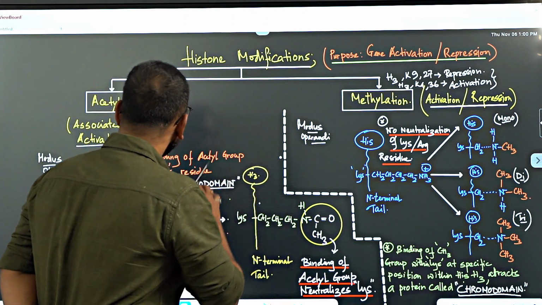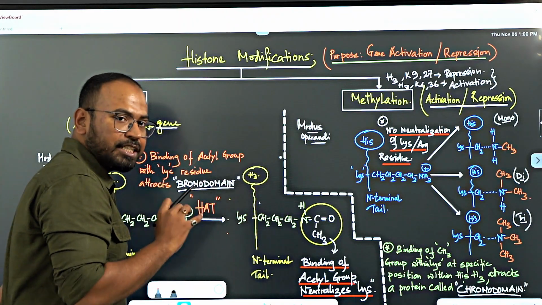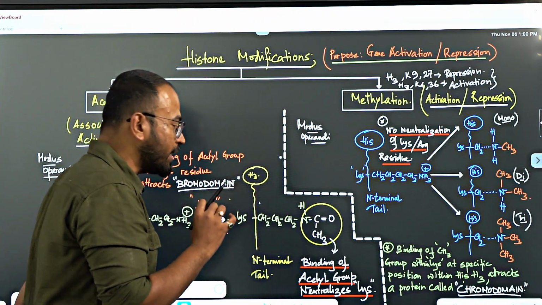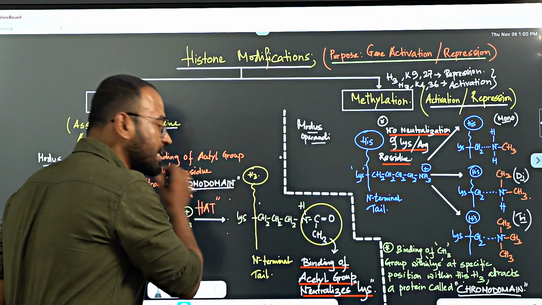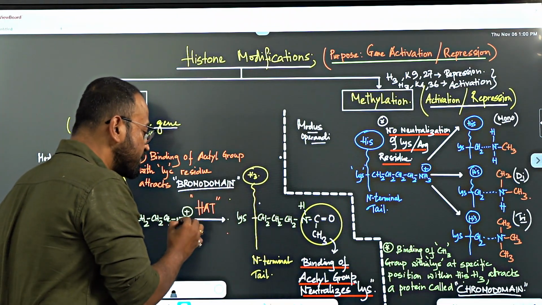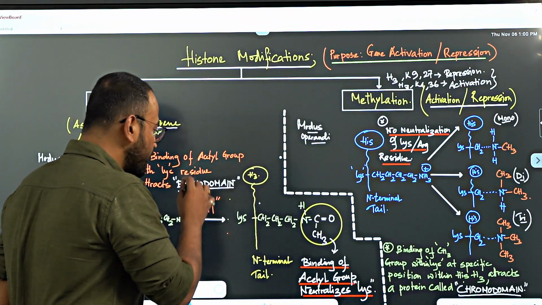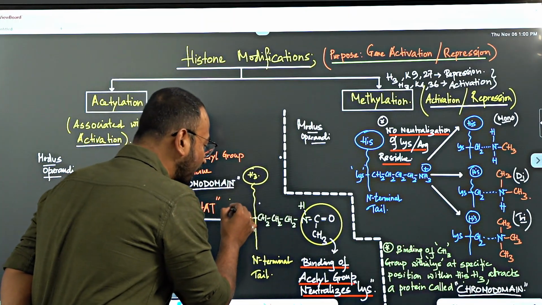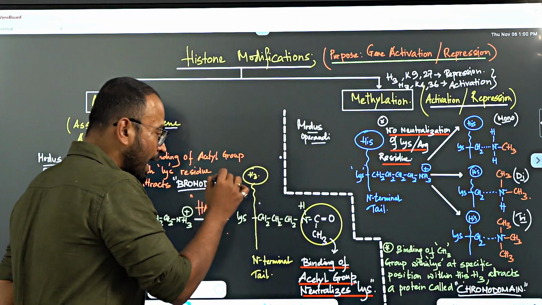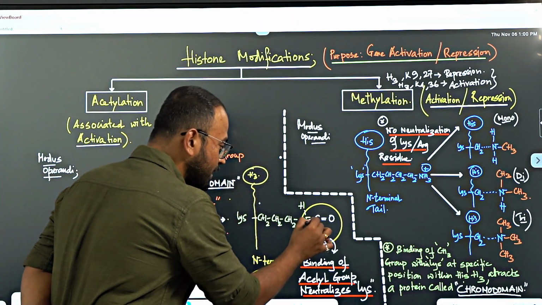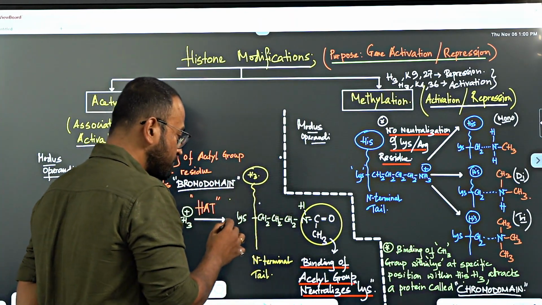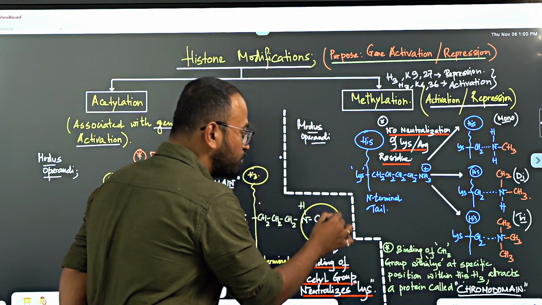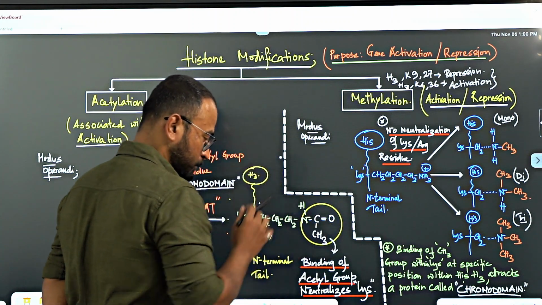Now, during this mechanism of acetylation, there lies an enzyme called histone acetyl transferase, which transfers the acetyl group to the lysine residue. As a result, as you can see, in this transformed structure, the H is replaced by our acetyl group.